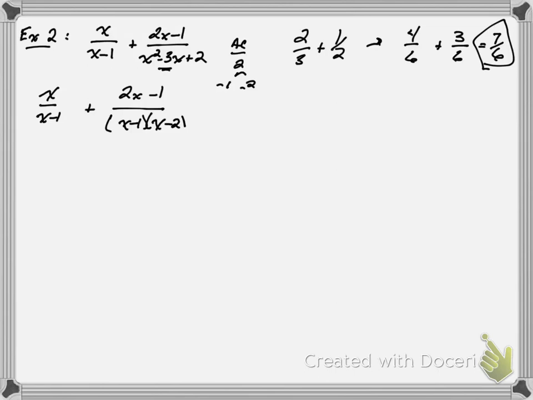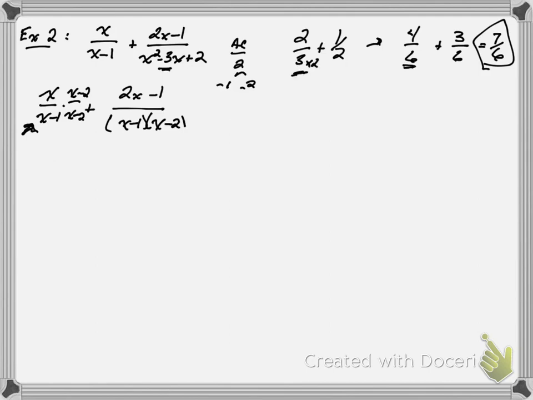So in order to get common denominators here, I need to get an x minus 2 next to this x minus 1 right here. So how do I do that? Well, I could multiply that by that, but remember, when I change something, I've got to multiply both top and bottom by x minus 2. Just like when I changed the 3 to the 6, I multiplied the 3 times 2.